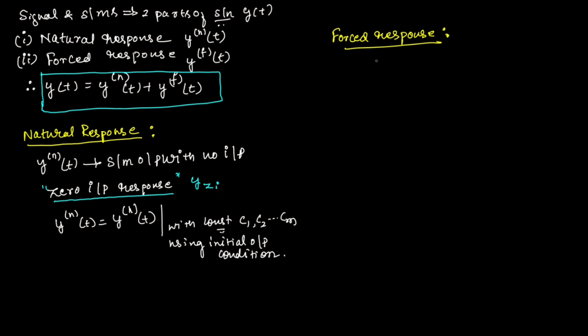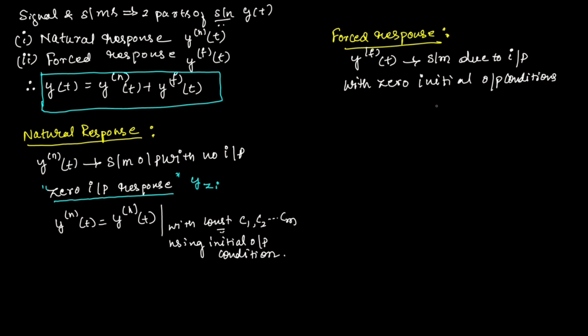Now let us understand the forced response. The forced response can be represented as yf of t, and it is the response of the system due to the input signal with 0 initial output conditions. Hence it is also known as the zero state response, which can be given as yzs of t.